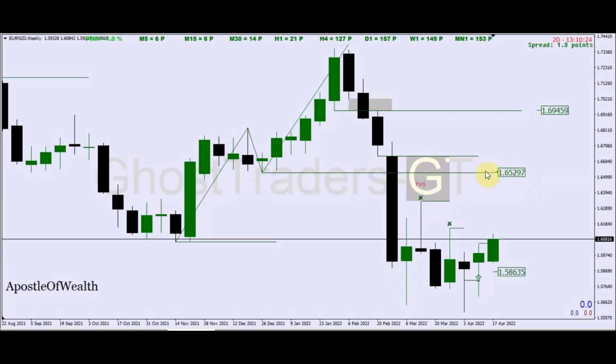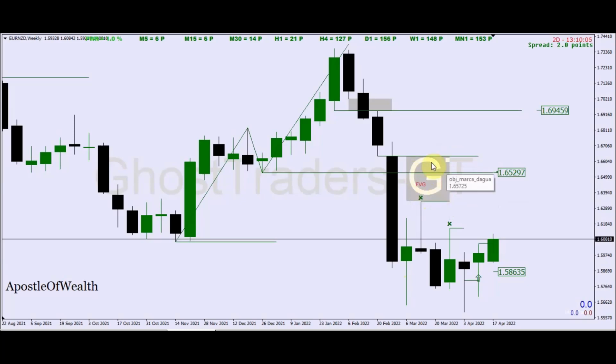So this is the level where you're going to be targeting price to get to, but you need to keep in mind that price will even close maybe 50% of the fair value gap. So the moment price gets to this level here, what we're going to be doing is to go to a smaller time frame and look for sell profiles within this level here.